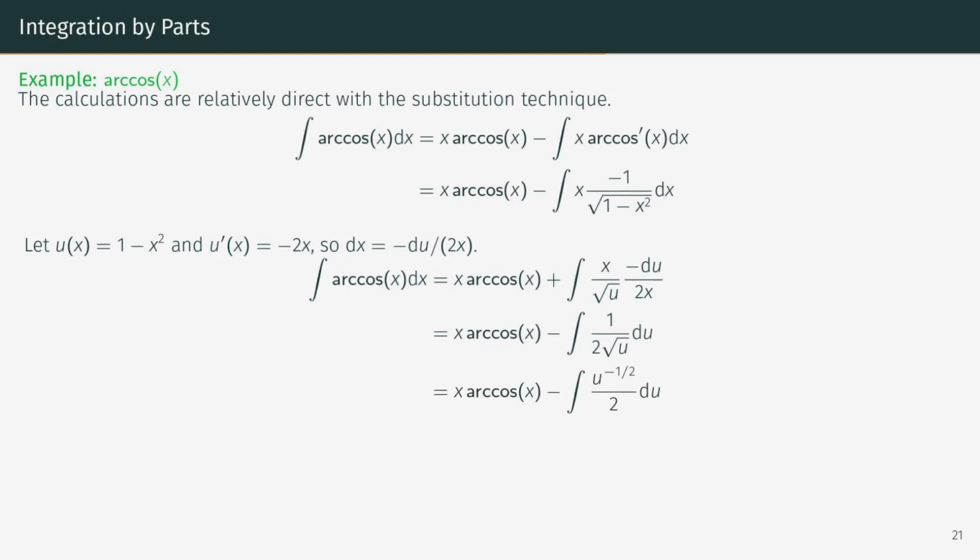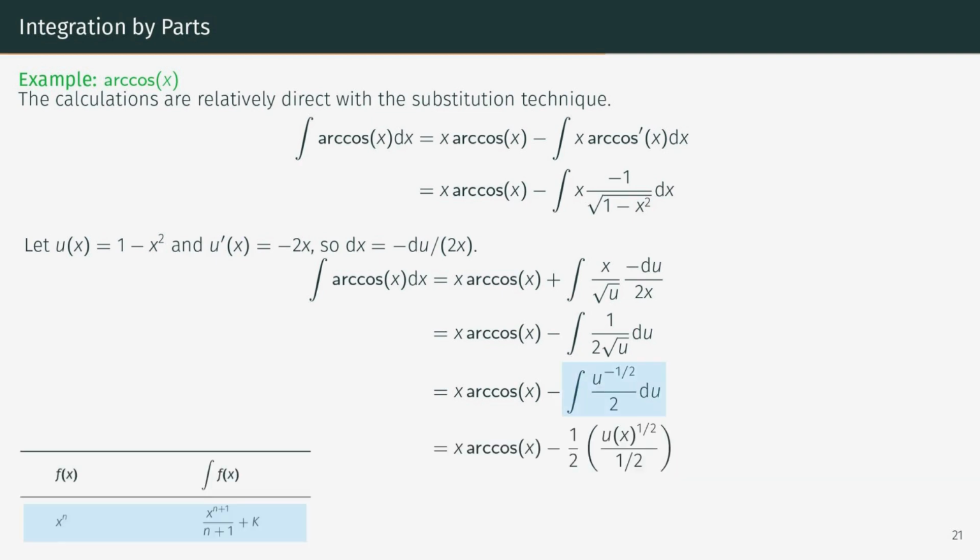We can then write this as x arc cosine of x minus the integral of u to the negative 1/2 over 2 du. Solving the integral leads to x arc cosine of x minus a half times u of x to the half divided by a half.